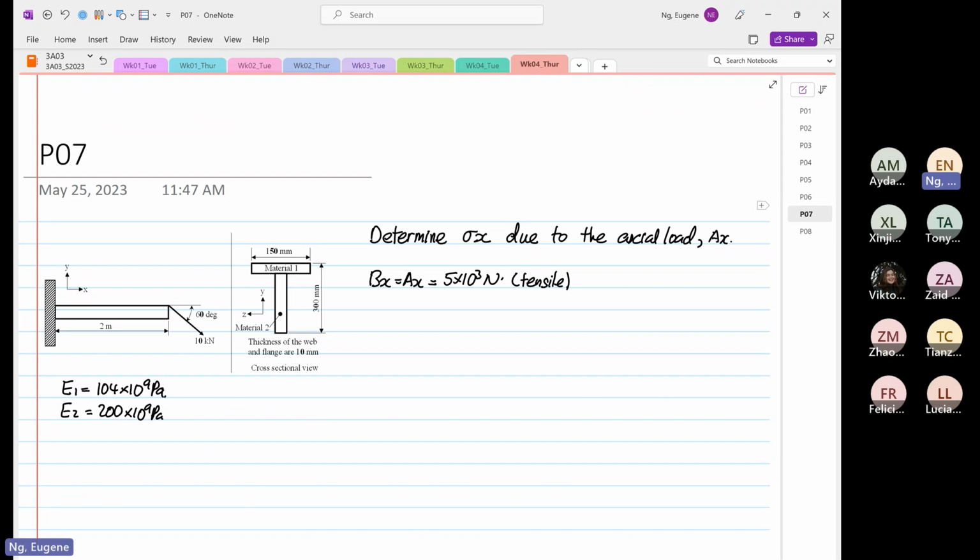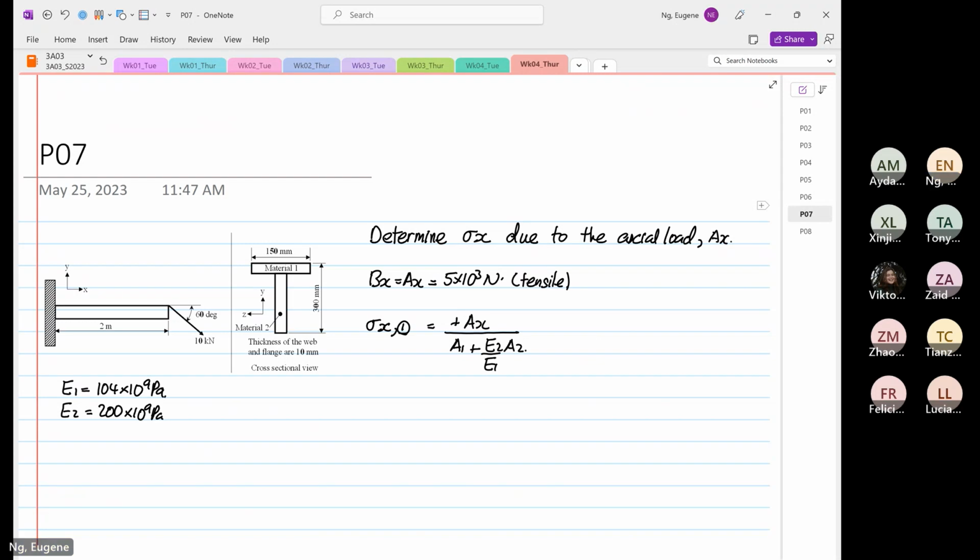So if we are going to find stress X1, okay, for material number 1, it is equal to plus AX over area of 1 plus E2 over E1 multiplied by A2.